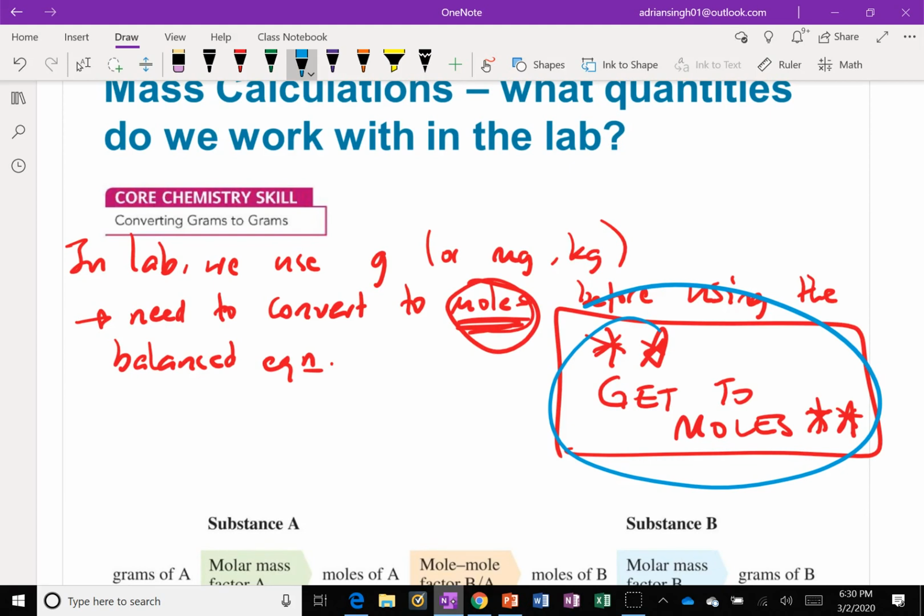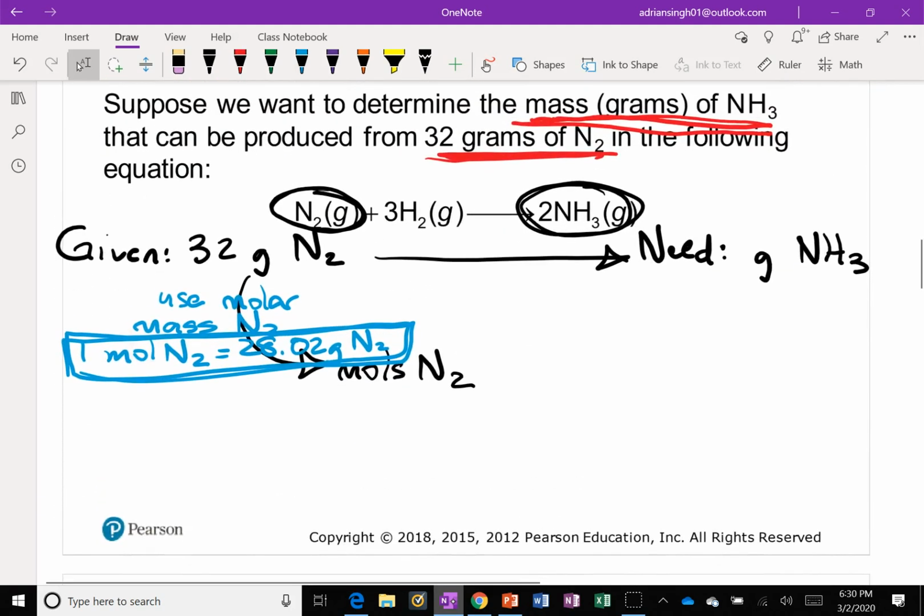Get to moles first. So we're going to convert our grams of N2 to moles of nitrogen. Once we get to moles of nitrogen, then the whole equation is going to open up, because now I can use the moles of nitrogen that I have along with my mole-to-mole ratio to figure out how many moles of ammonia I can make, the NH3.